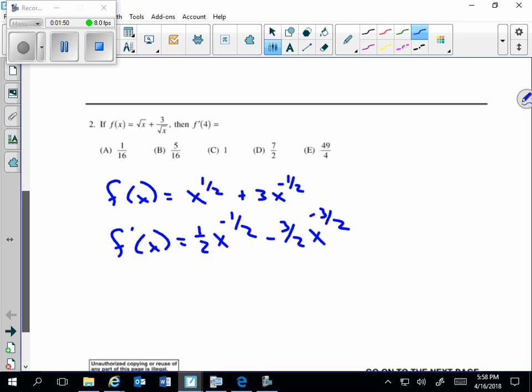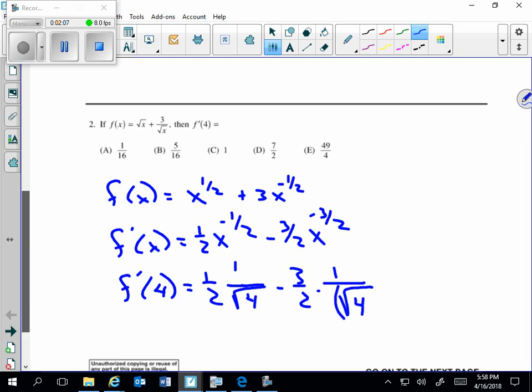We are looking for f prime at 4. Plugging in 4, I get 1/2. Let's rewrite this again as 1 over the square root of 4, minus 3/2 times 1 over the square root of 4 cubed. Square root of 4 is 2, so this becomes 1/2 times 1/2, which is 1/4, minus 3/2.